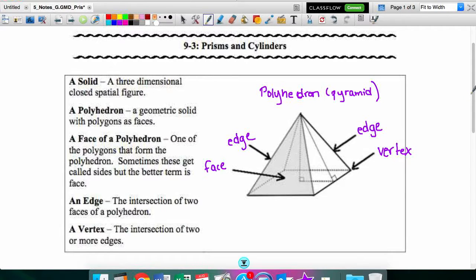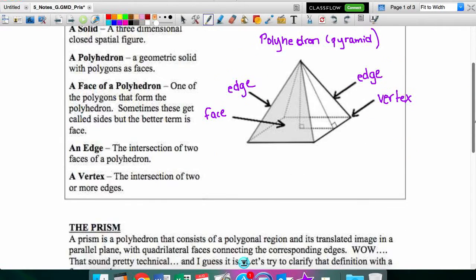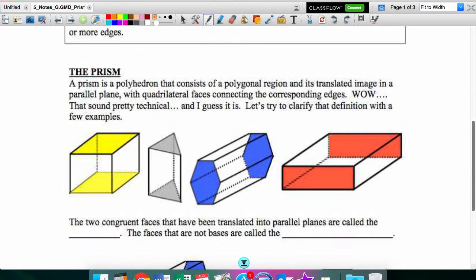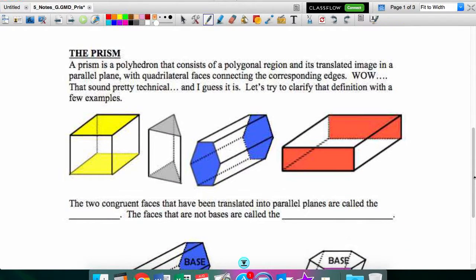Okay, so let's actually get into prisms specifically. Down below at the front page, we have various examples of prisms. A prism is a three-dimensional shape which has two matching polygon faces that are directly parallel from each other, or across from each other.